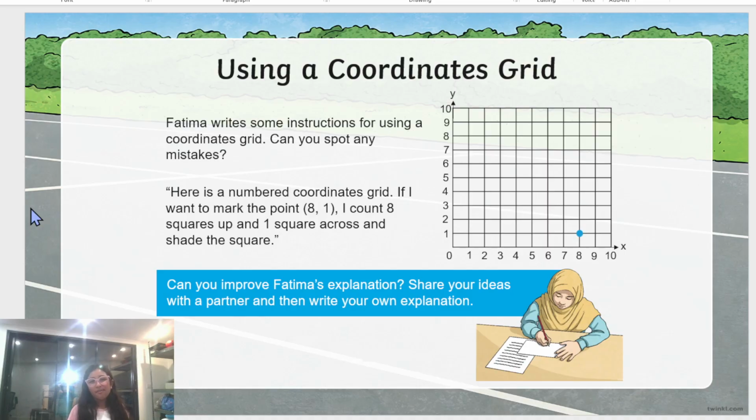Okay, so you can pause here if you like, but I'm going to go through the answers now. So, she says, I can count 8 squares up and then 1 square across and shade the square. Well, 8 squares up, yes, she's right, and 1 square across, she's right. But she says, shade the square.